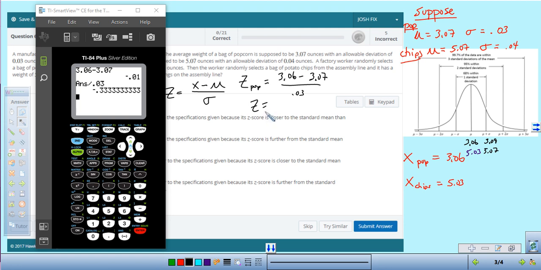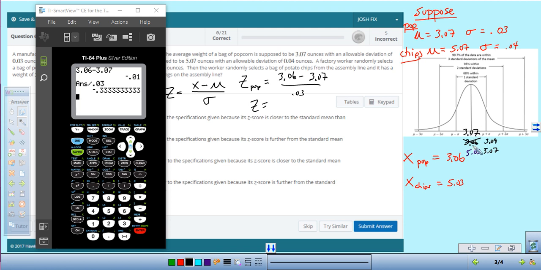Sorry about that, I was just thinking through there. I had the numbers written down wrong, didn't I? Well, that's not very good, because the mean is 3.07. So please forgive me. Instead of re-recording this, let me just make a quick correction right here. The mean for this guy was 3.07.